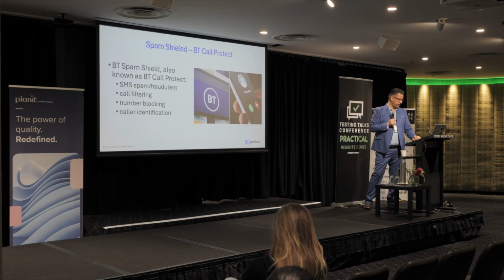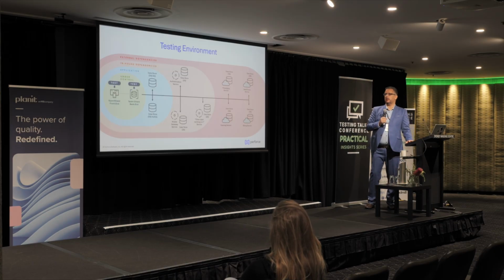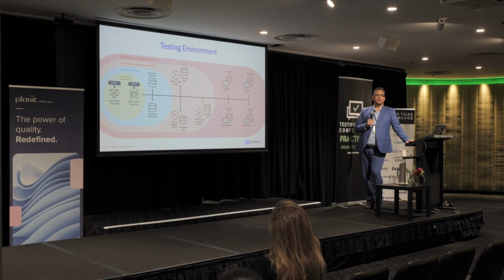So now, if we look at their landscape, this is a short abbreviation of the whole infrastructure, because there's no way you can draw a picture of this that actually makes any sense, because it will be so complex.